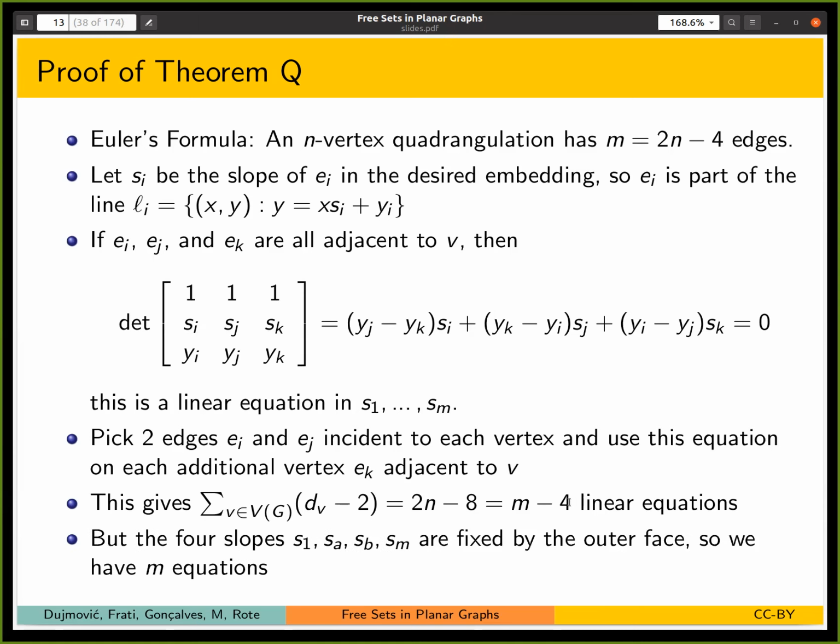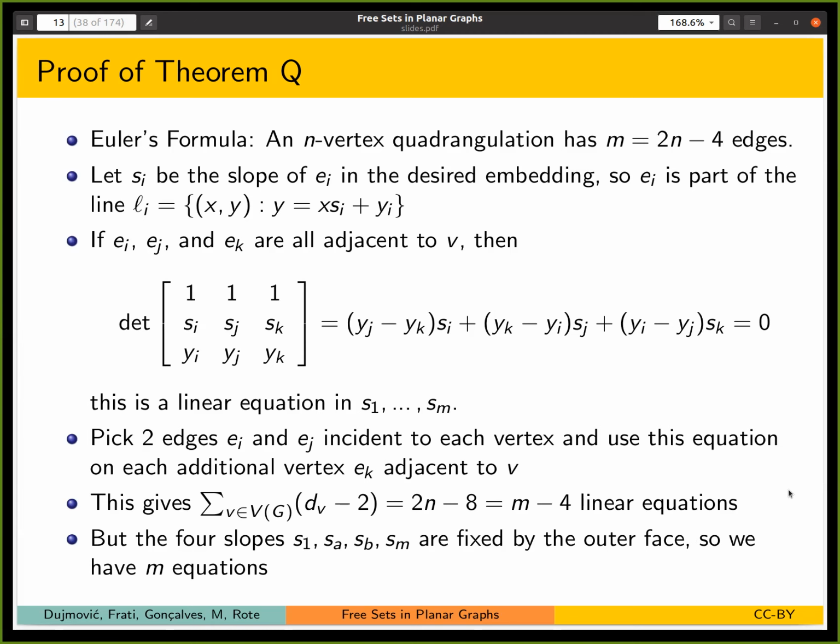But actually, don't forget, there were those 4 edges on the outer face. Their slopes are already defined. So we get a system of linear equations which has exactly the same number of variables as constraints.